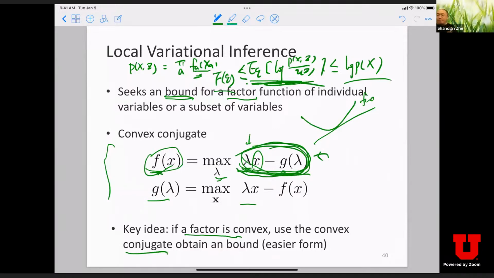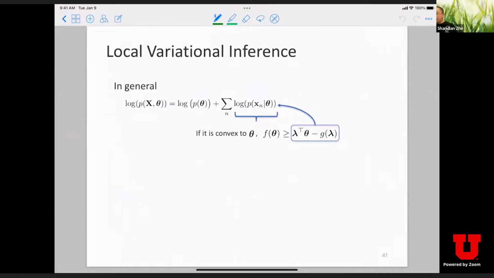So this is the general idea. To say it more concretely, suppose in general we have this joint distribution, where theta is a random variable and x are data. The log joint probability can be written as log prior plus the summation of log likelihood over every data point x_n given theta.